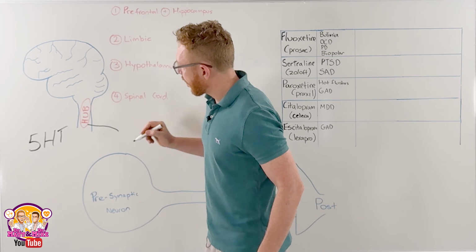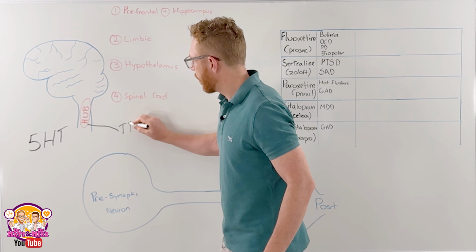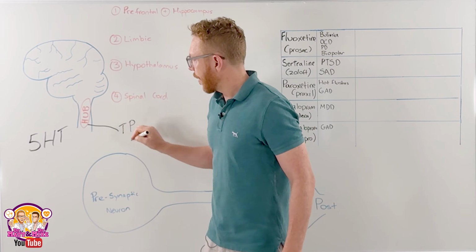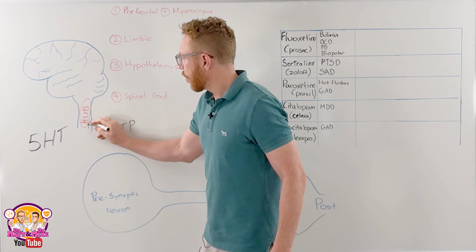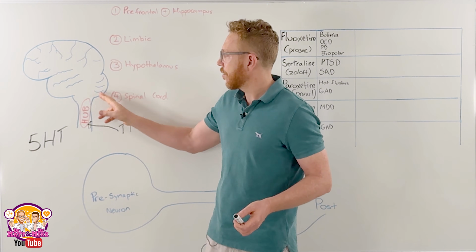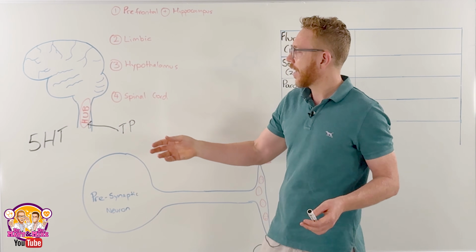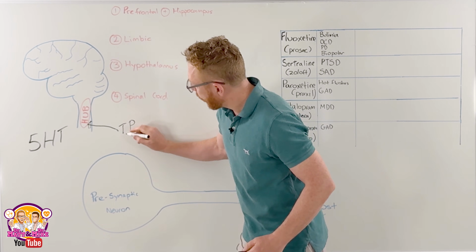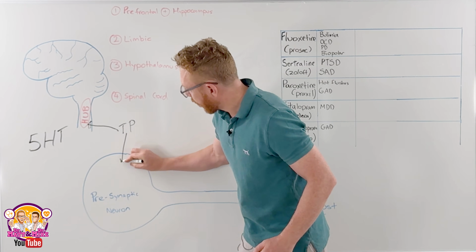So tryptophan from our diet, I'll call it TP. It's an amino acid. It comes in from our diet. It then can cross the blood-brain barrier and enter into the brainstem, the raphe nucleus, or in this case, the serotonergic hub. So tryptophan will enter these neurons.